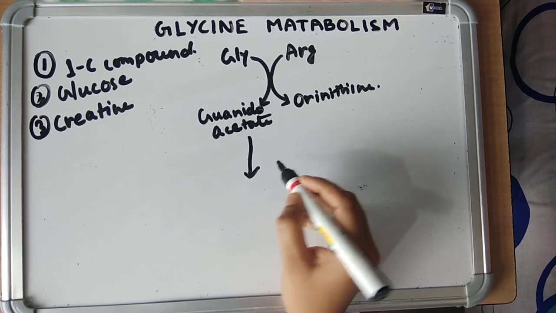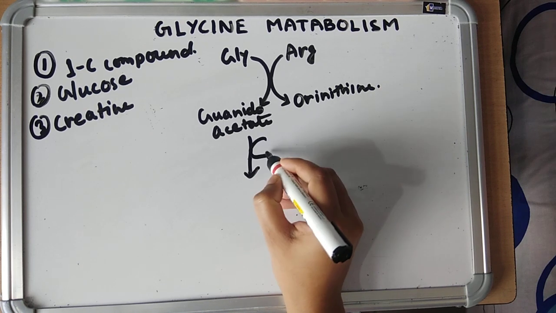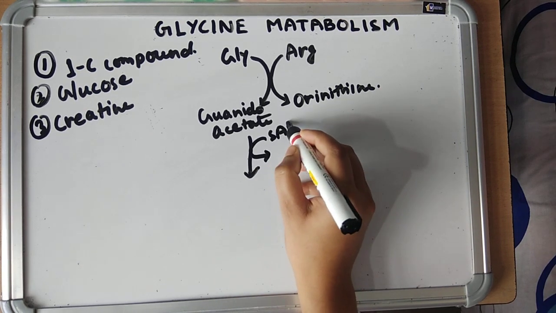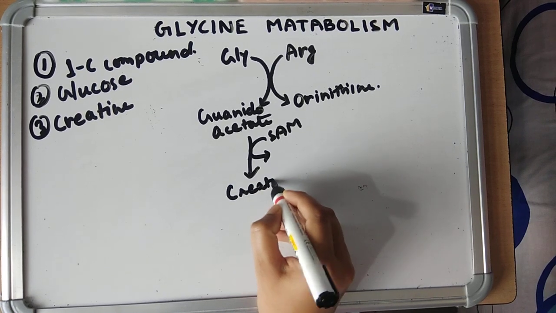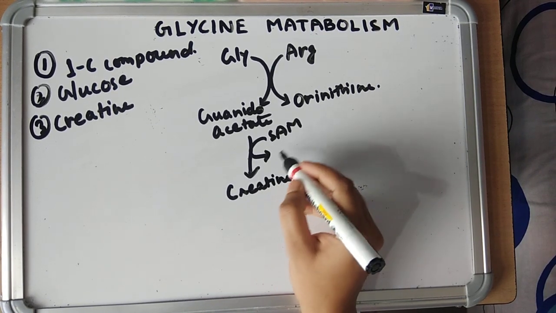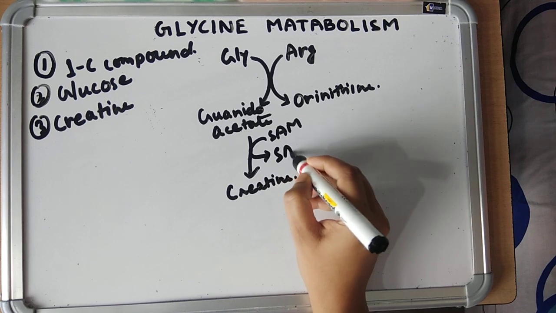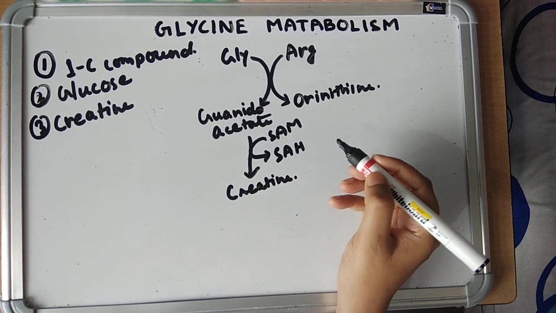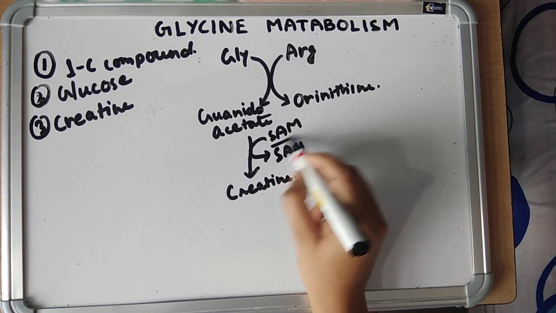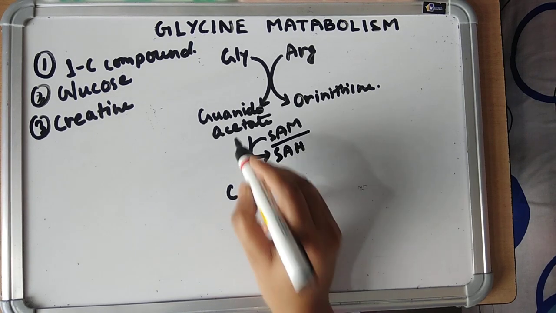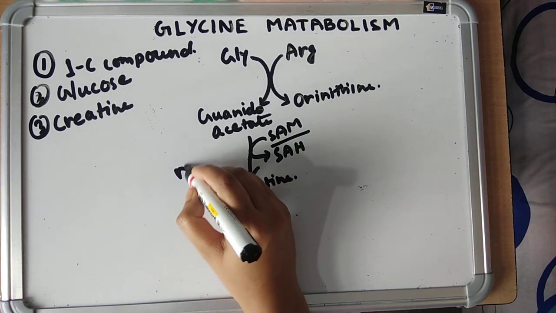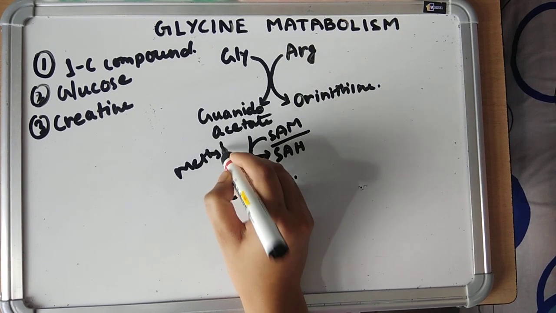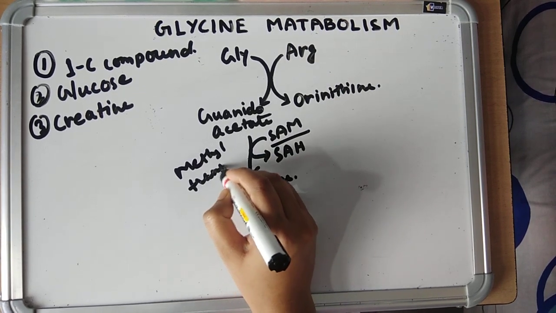This guanidoacetate combines with S-adenosyl methionine to form creatine, and S-adenosyl methionine is converted into S-adenosyl homocysteine. So SAM donates the methyl group to guanidoacetate. This is catalyzed by the enzyme methyl transferase.